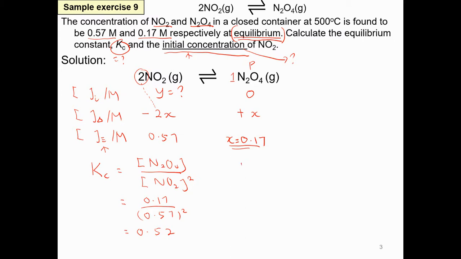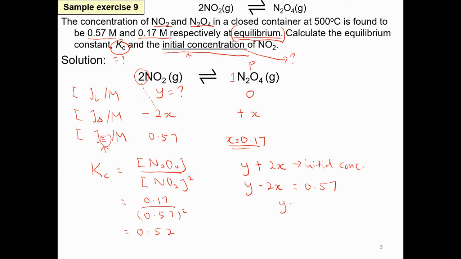So y minus 2x equals 0.57 at equilibrium.